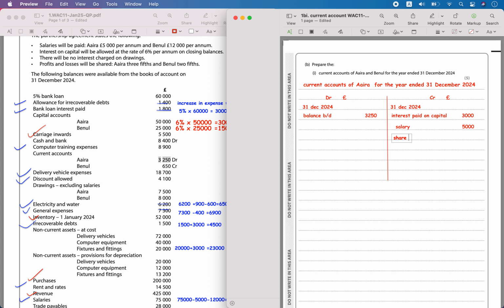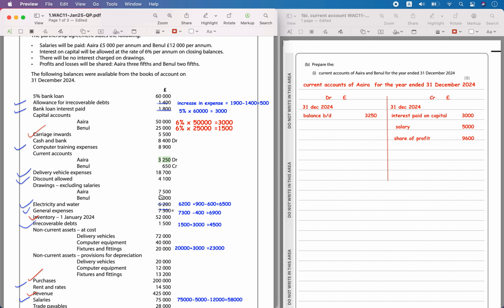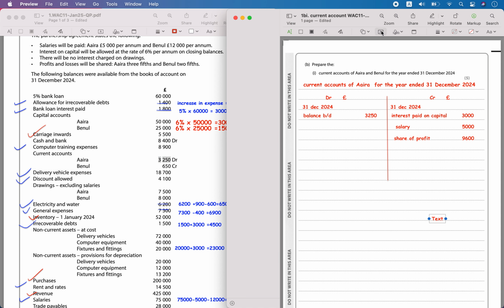She got a profit of 9600. So let's include that, 9600. Then we have to include drawings. Drawings were around 7500.